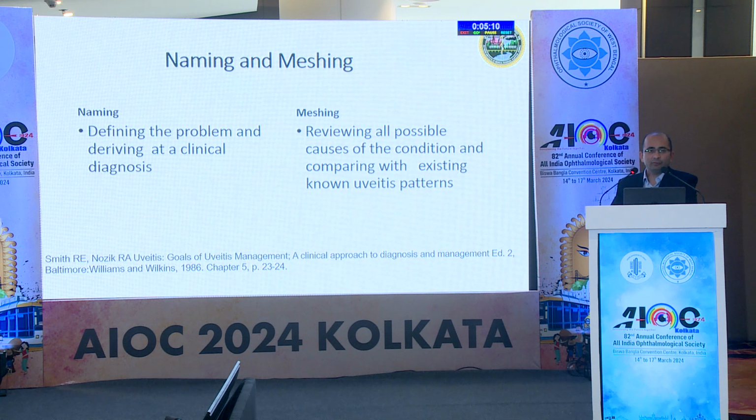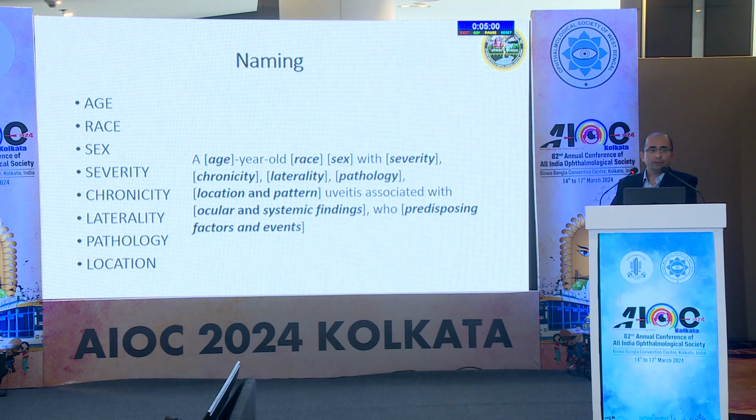And then when we have done naming, we will have to compare this with known etiologies, known patterns, to find out in which pattern our patient is fitting. How do we do meshing? So this is based upon the demographics of the patients, and then we have to ask about the severity, chronicity, establish the laterality of the disease, pathology of the disease, and again where the disease is located.